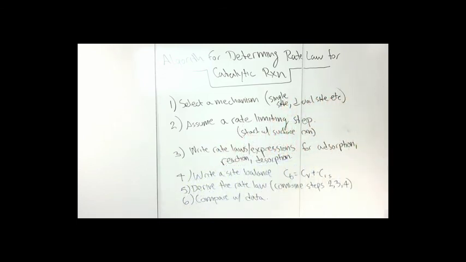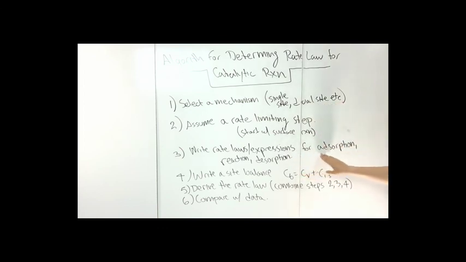For these problems, if you need to write a rate law for a catalytic reaction, just go through this in an ordered manner, because it's going to be a lot easier than jumping around and getting confused. You'll probably start here, because you'll probably be given these two things, but in case you're not, start wherever you need to.